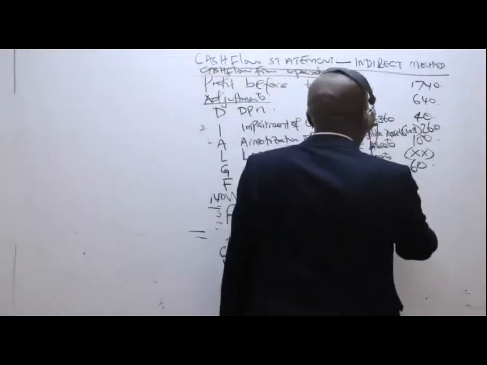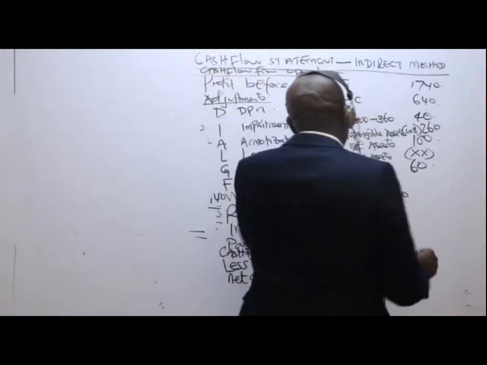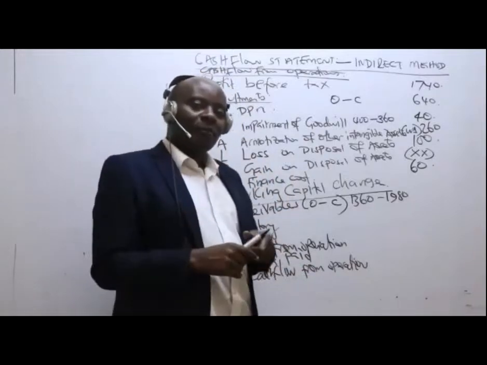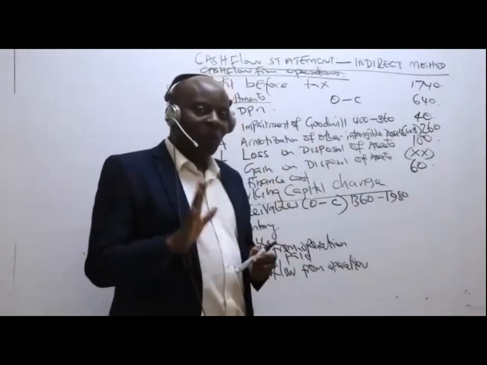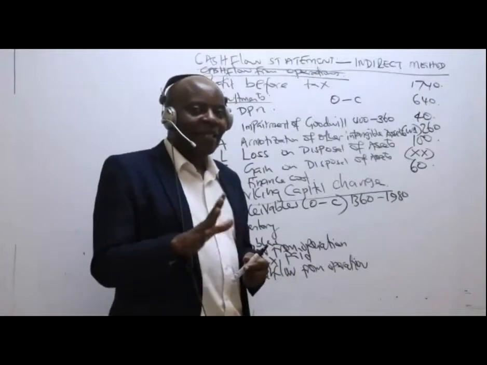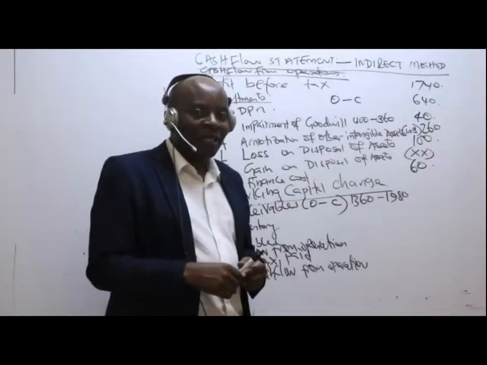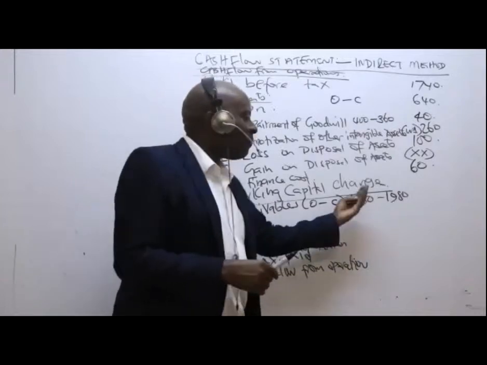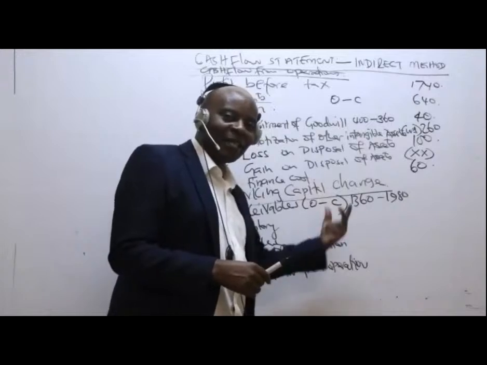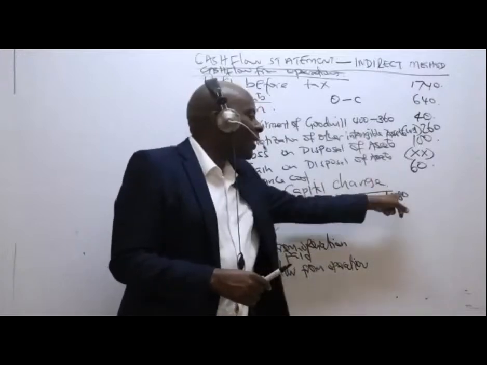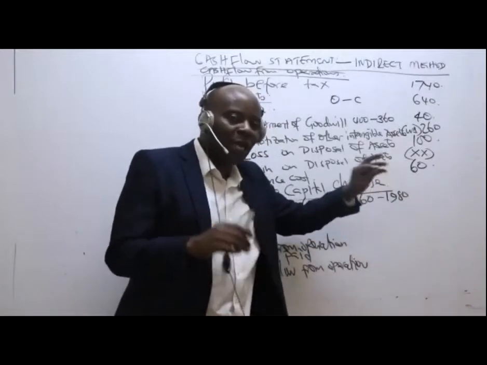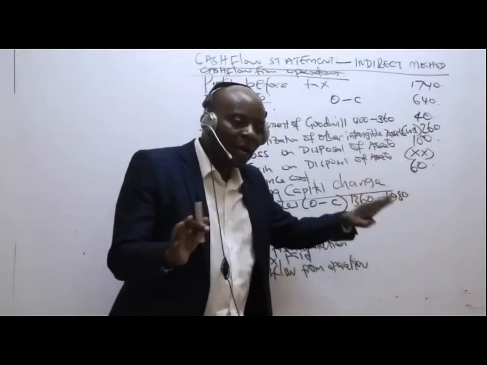Now remember, at the advanced level, if the examiner told you that a subsidiary was acquired in the year and came with receivables, I would take the opening plus the receivables of that subsidiary, minus receivables of any subsidiary that was disposed. I'll come back to that later.